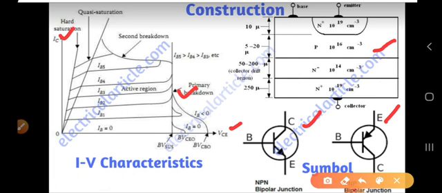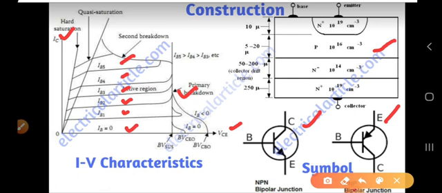The base current can be mentioned as IB0, IB1, IB2, IB3, IB4 and IB5, etc. This much is sufficient.